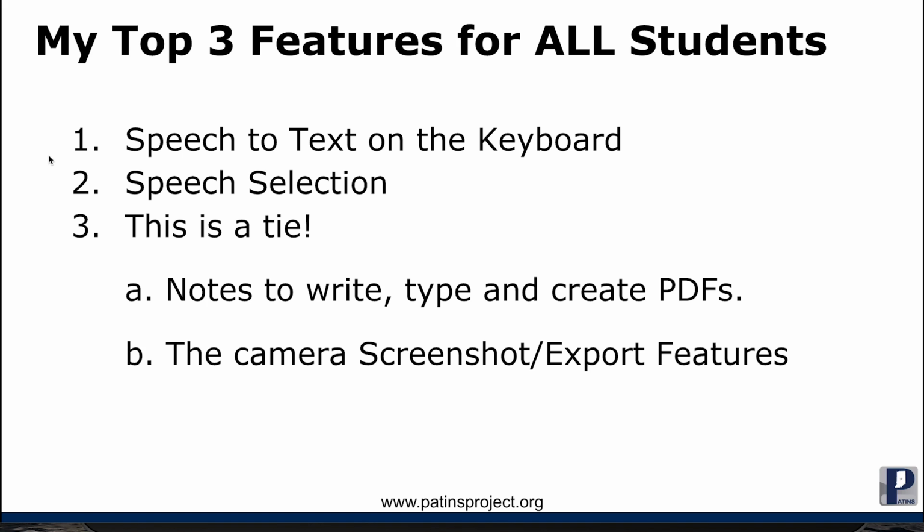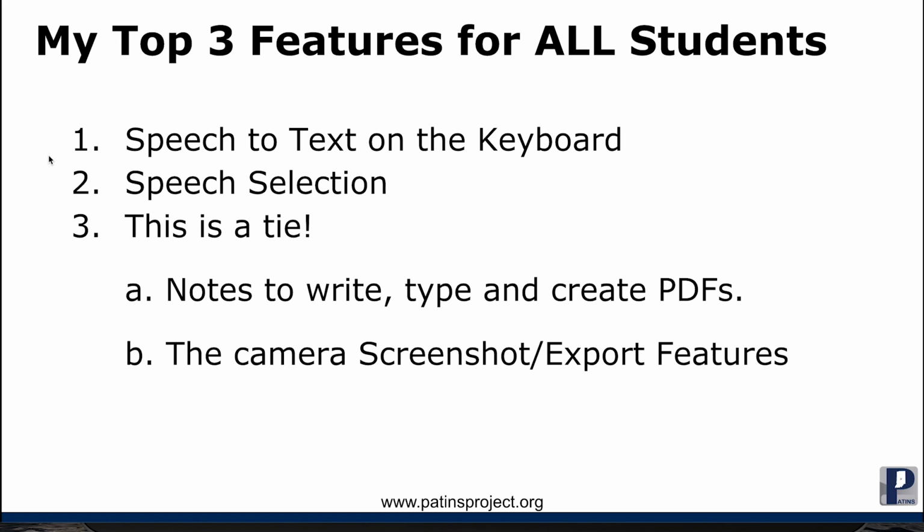The next thing that I love probably the most about an iPad that helps students quite often read text that is even a little bit more challenging than they are ready for is speak selection.